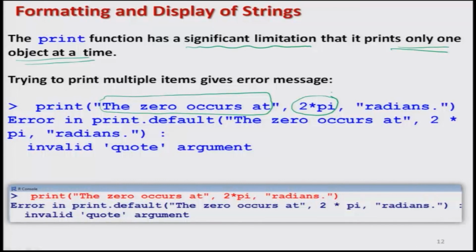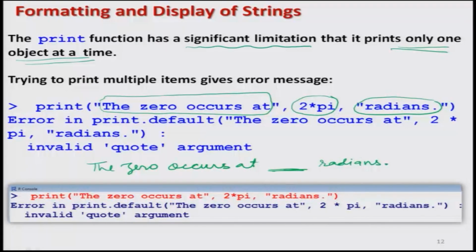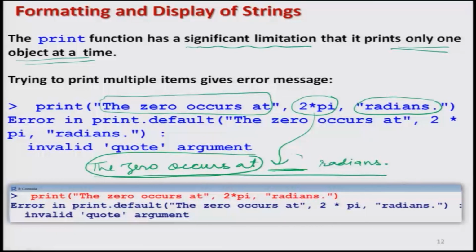Pi is a given value inside R, and after that it should say "radians." So I need "The 0 occurs at", then this value, then "radians." and a full stop, and here the value of 2 pi will be inserted. I want to write in the same line, that means 3 things in a sequence, 1, 2 and 3.